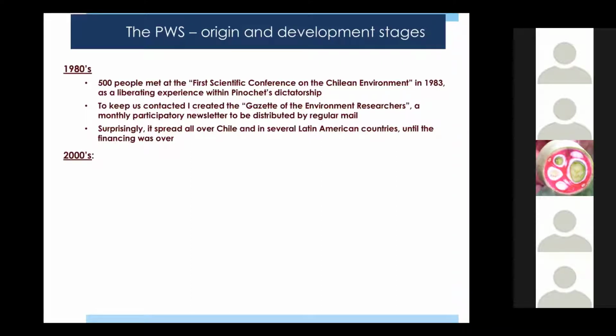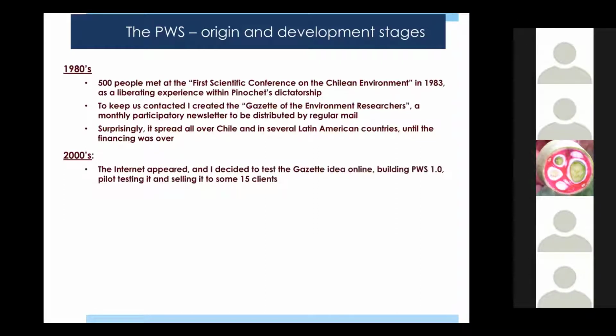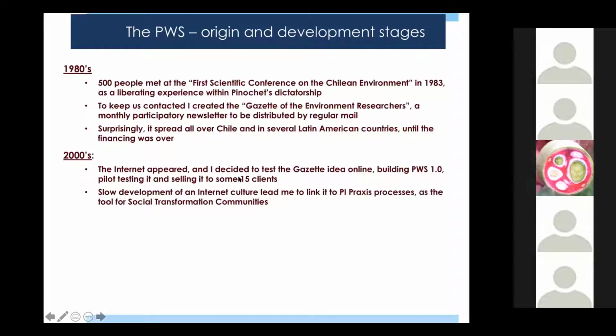In the 2000s, the internet appeared, and I decided to test the Gazette idea online, building Participatory Workspace 1.0. Pilot testing it and selling, I was able to sell it to some 15 clients. However, there was a very slow development of an internet culture.